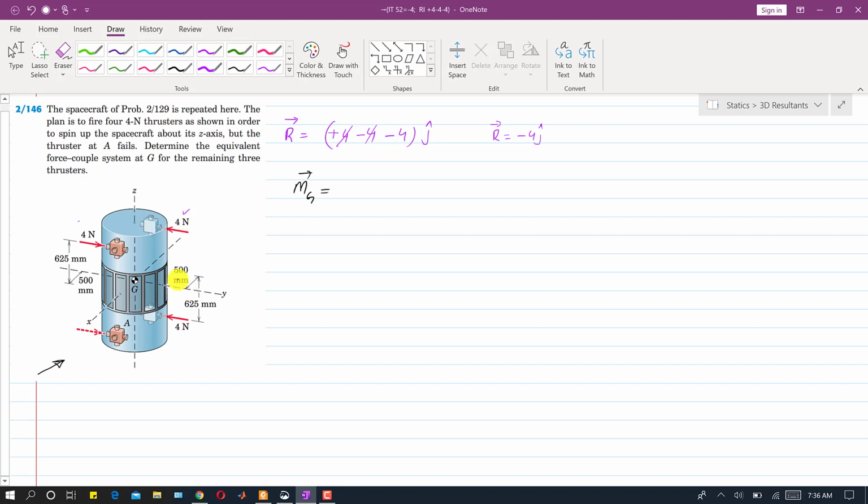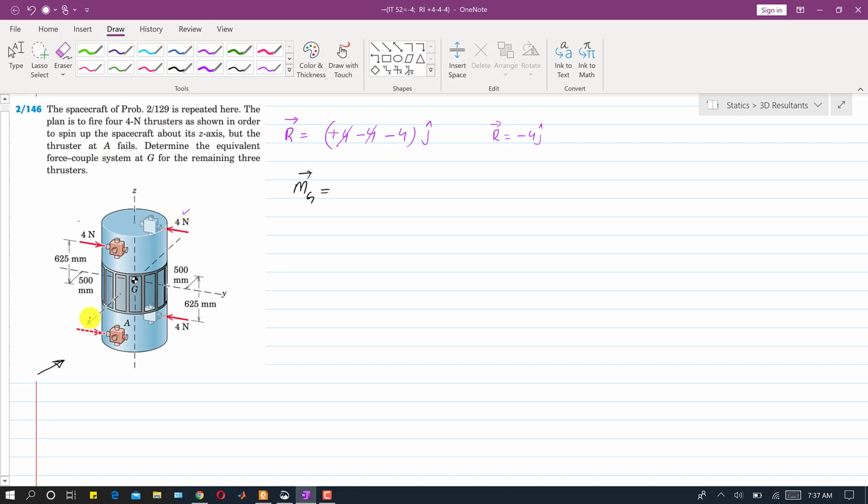This one has 625 from this y-axis in this direction, and this 4 Newton has 625 in this direction, and both are acting in the same direction. But they will produce the moment along x in the opposite direction.